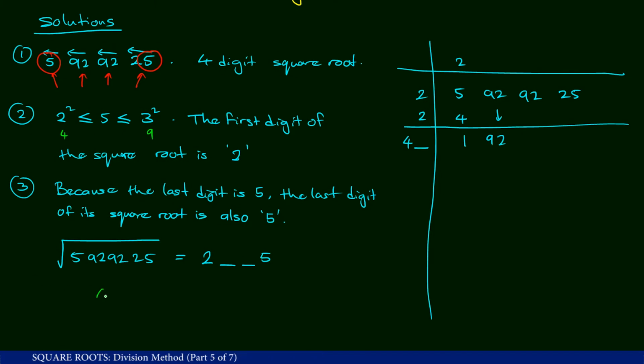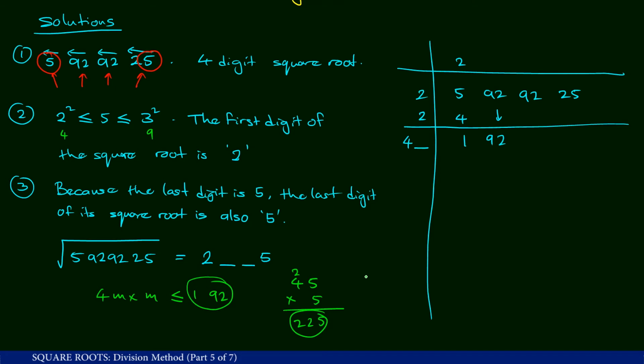So 4_ times _ is going to be less than or equal to 192. So what could it be? Can it be 45? Let's figure out whether or not 45 is the number. 45 times 5. So 5 times 5 is 25. This is 22. So 22 is bigger than this.